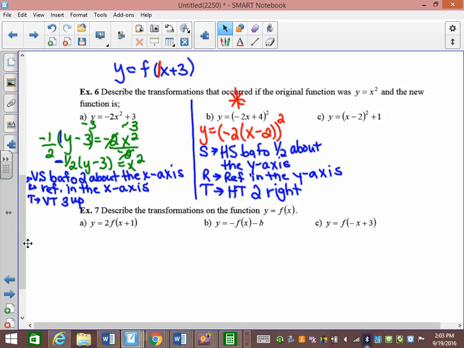And your homework is on the same page as your reflection homework, but stretches. So it's page 28 on.